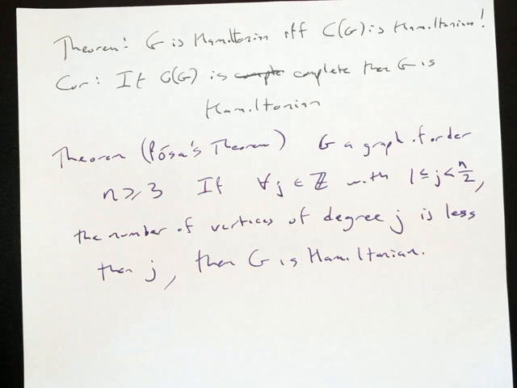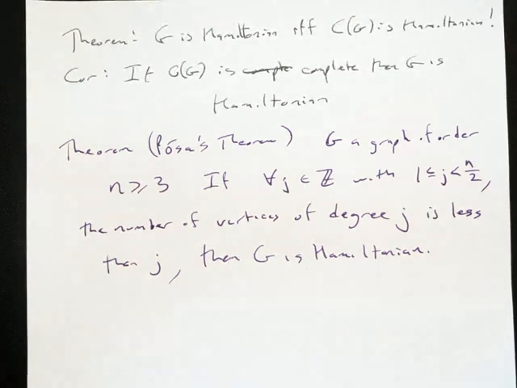Posa's theorem says the number of vertices of degree j for all j between 1 and n over 2 is less than j.